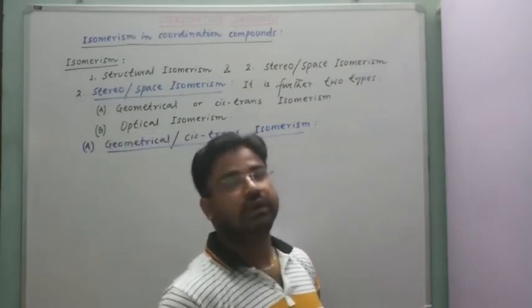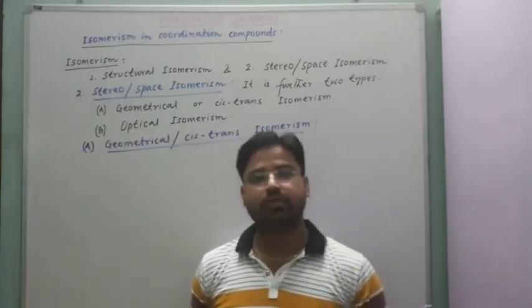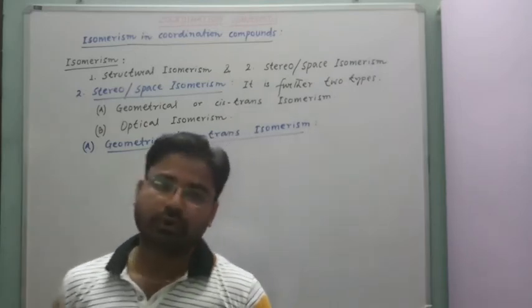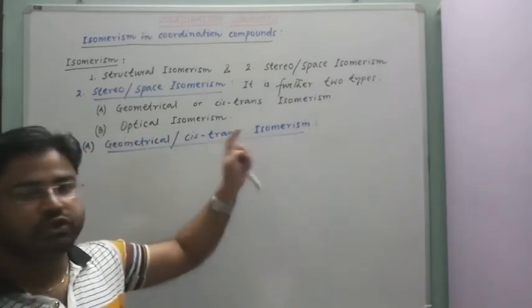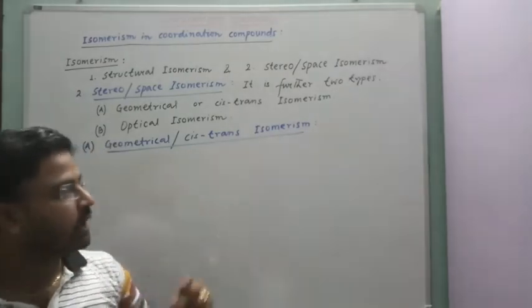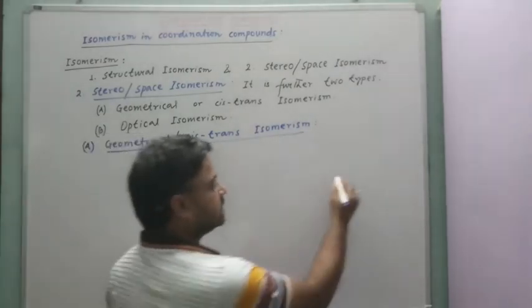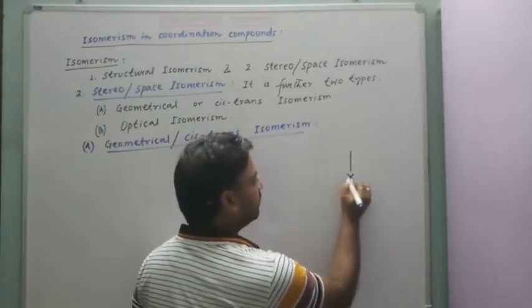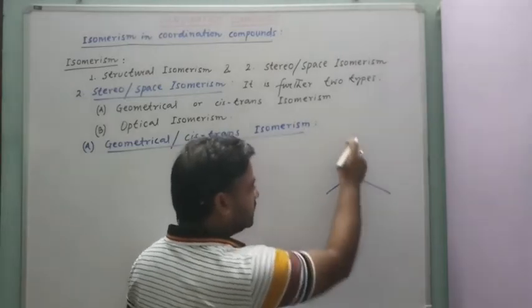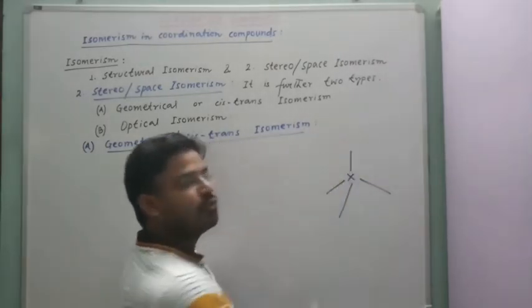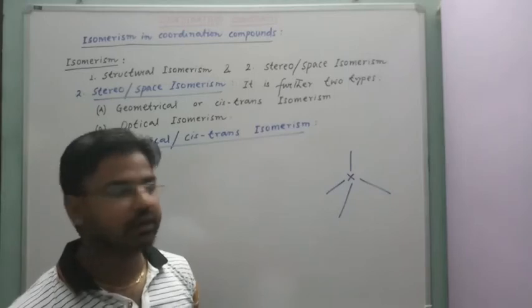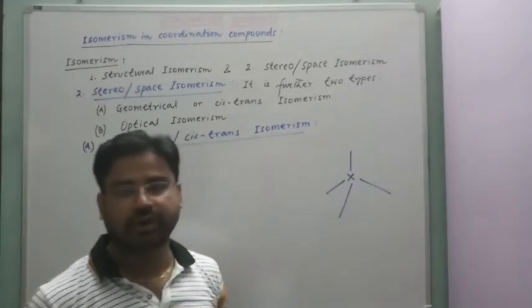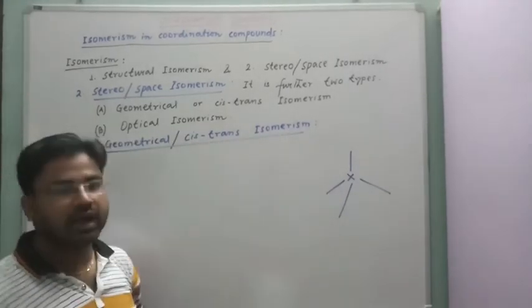Again, the tetrahedral complexes with coordination number 4 also cannot show geometrical isomers, because in tetrahedral complexes, all the 4 positions are equivalent.